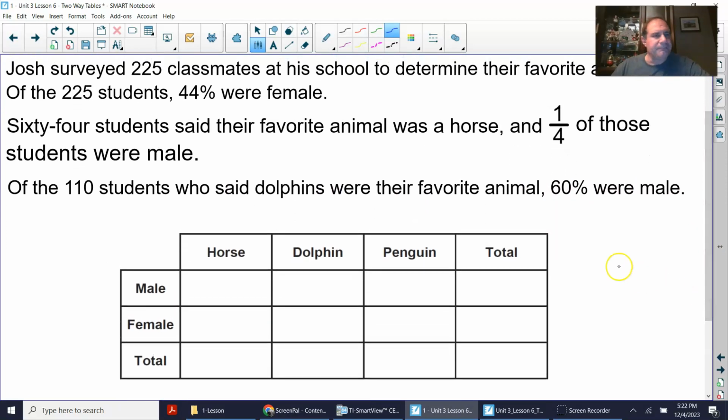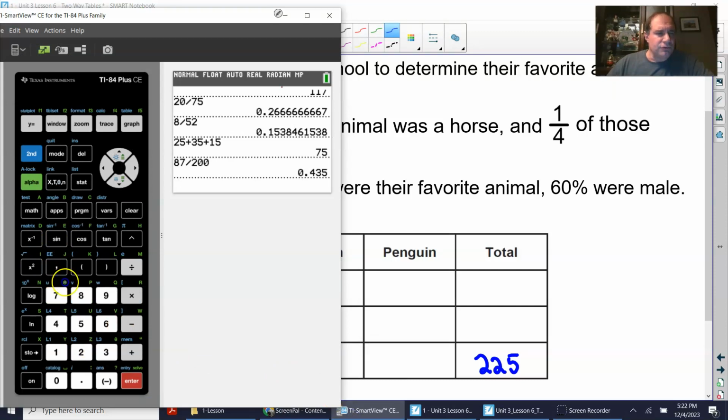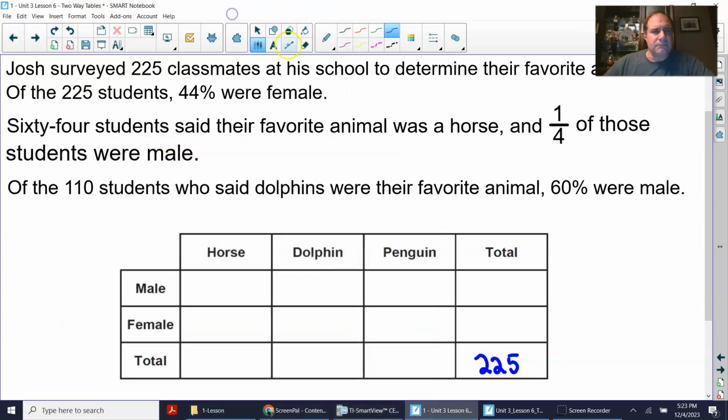So here we go. Josh surveyed 225 classmates at the school. Of the 225 students, 44% were female. 225 times 0.44 is 99.